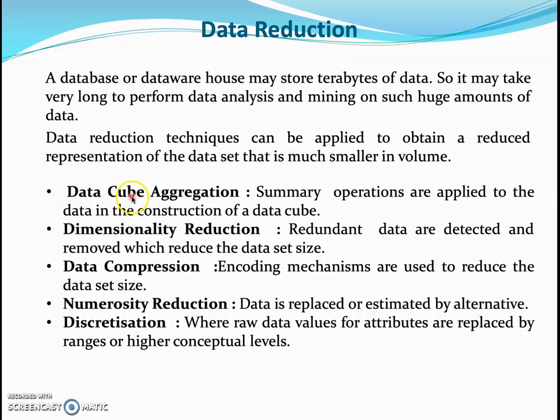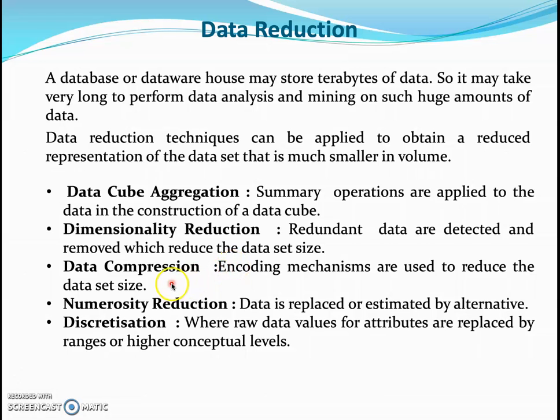Data reduction strategies are data cube aggregation, where aggregation operations are applied to the data in the construction of a data cube. A data cube is constructed which has many dimensions for storing different parts of the data. Dimensionality reduction: attributes are detected and removed, which reduces the data set size.